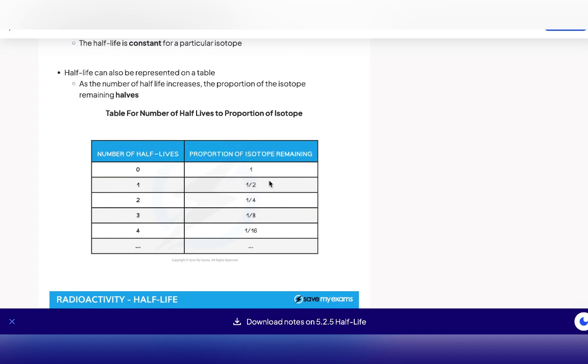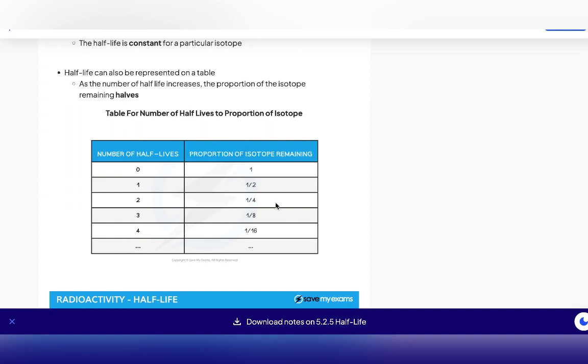You multiply the original radioactivity, let's say 8 times 10 to the power of 8, by half, or just divide by 2. You will get what remains. Half of it remains and half of it decays.